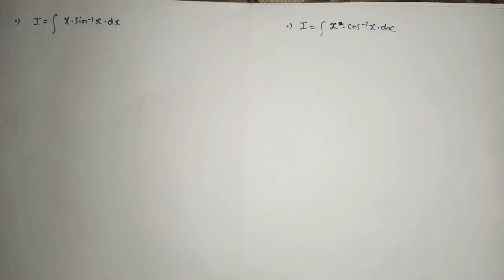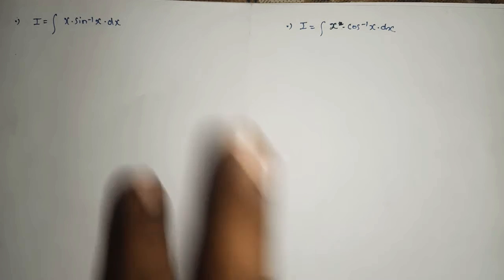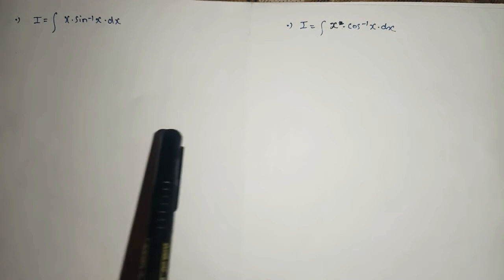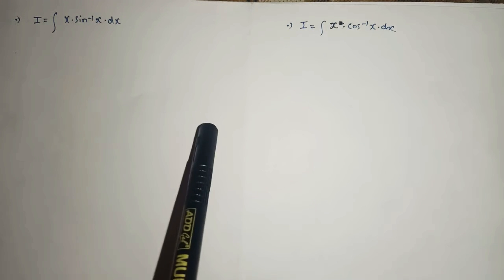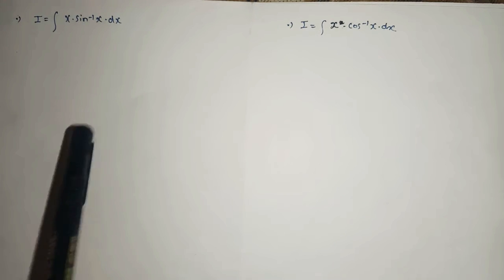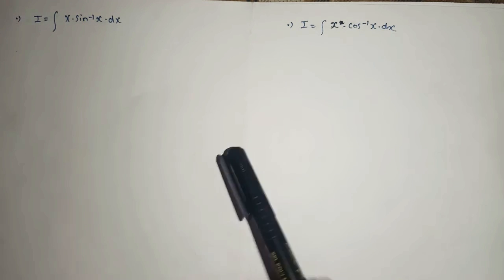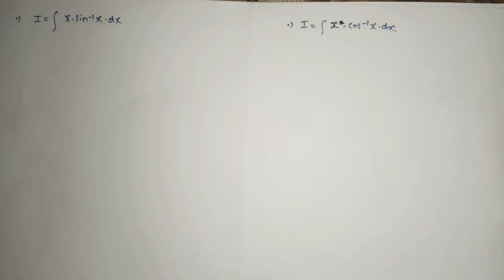Hello students, in the last lecture we saw the sums based on type number 7, that is integral u into v, integration by parts, where we took three to four examples. We took examples based on different pairs: algebraical and trigonometric, algebraical and logarithm, and algebraical and exponential.